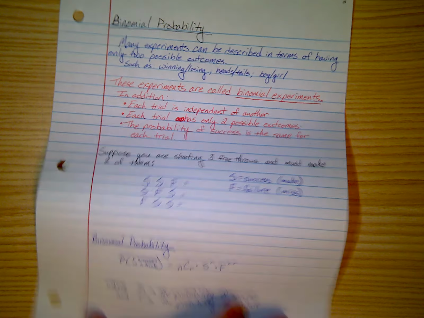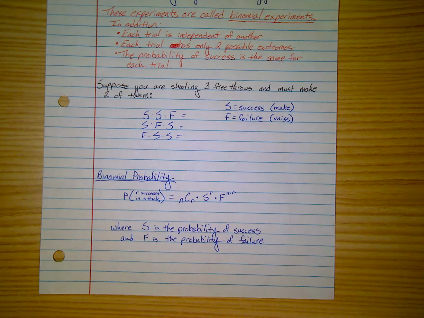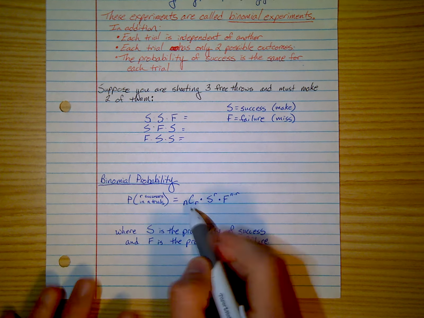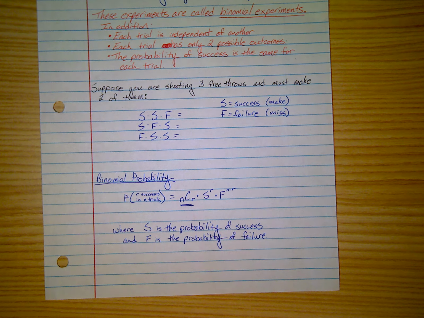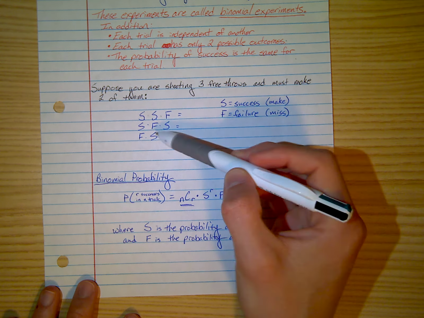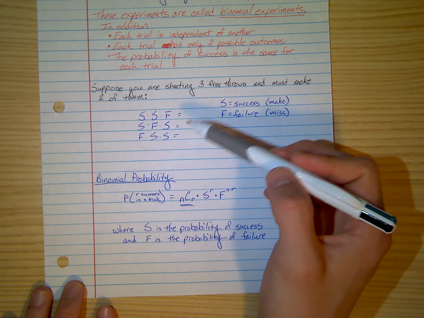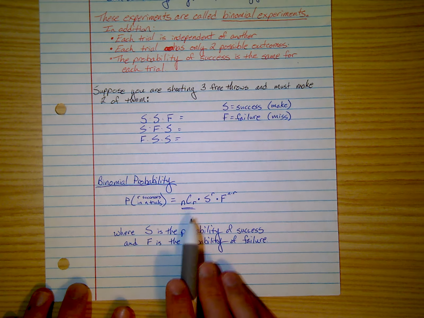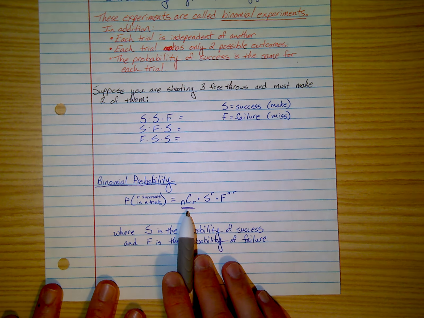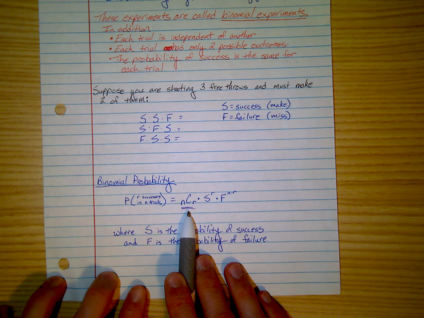So when it comes to calculating binomial probability, we have to use a combination, because order doesn't matter here. It doesn't matter how you make 2 of the 3 as long as you make 2 of the 3. So we have to have a combination. That's what this part of the formula is all about.